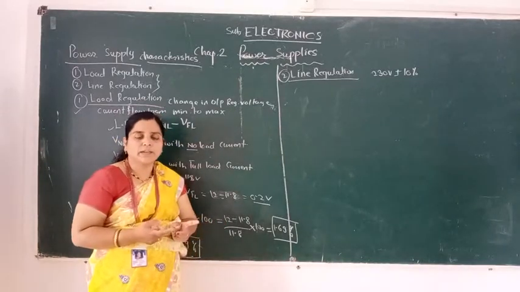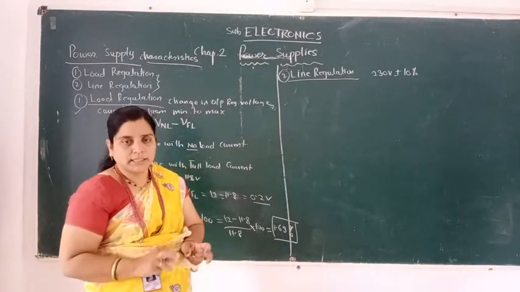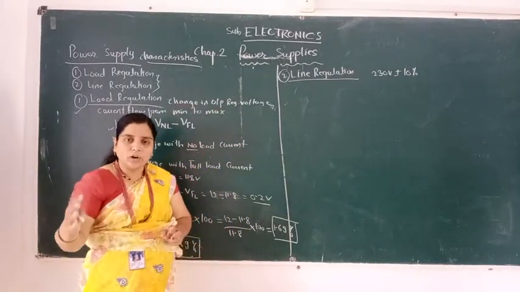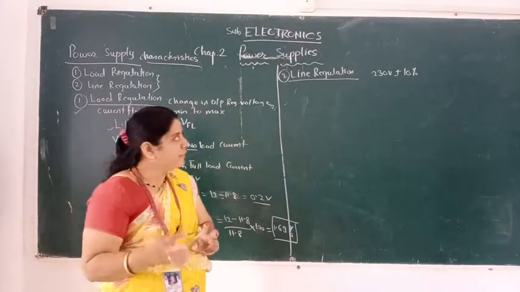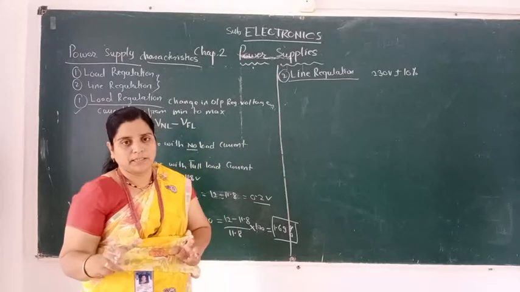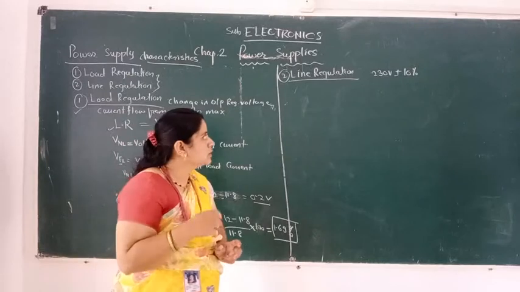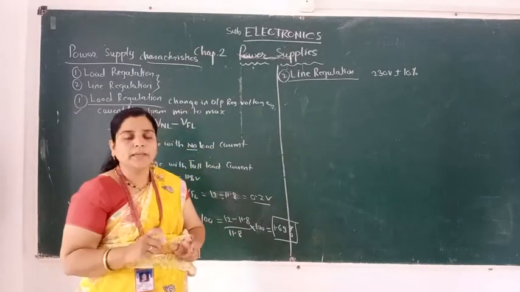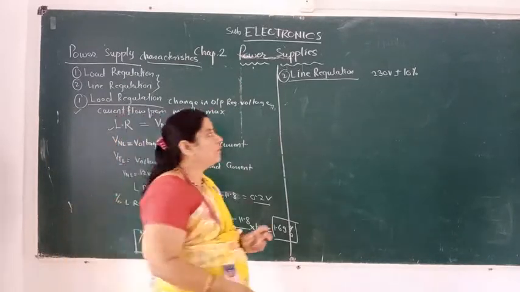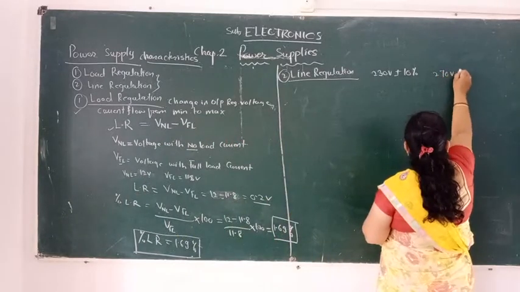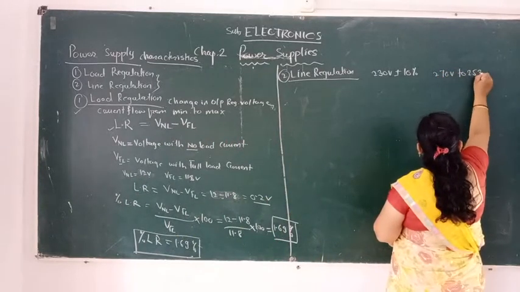So what is line regulation? Line regulation is a change in regulated output voltage with a difference of plus minus 10%. So it has a proper range. The voltage should be within the range of 207 volt to 253 volt.